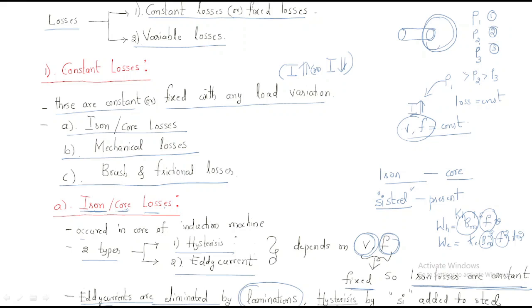Here, silicon is added to the steel, then the hysteresis loss decreases. The induction machine is the same as a transformer. The same principles and methods used in the transformer are applicable in the induction machine also. So this is about the iron and core losses of the induction machine.